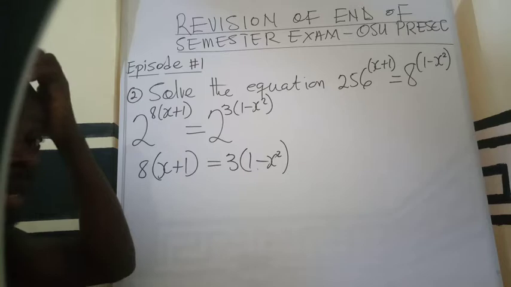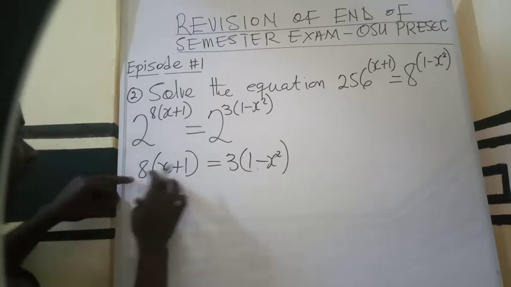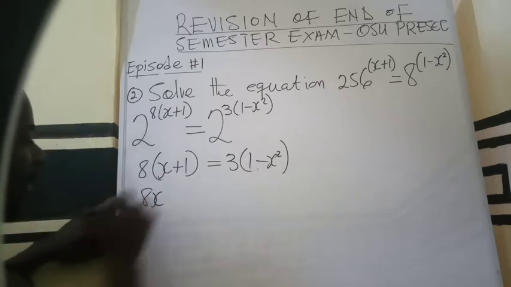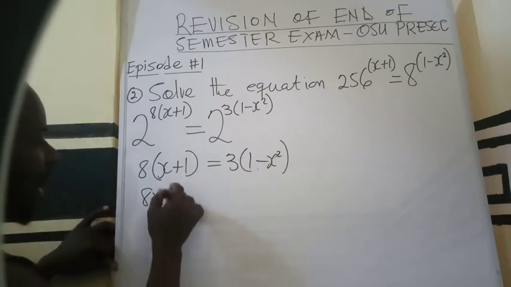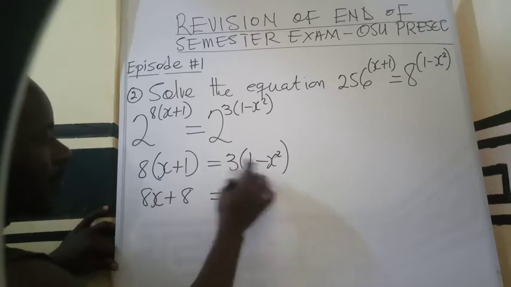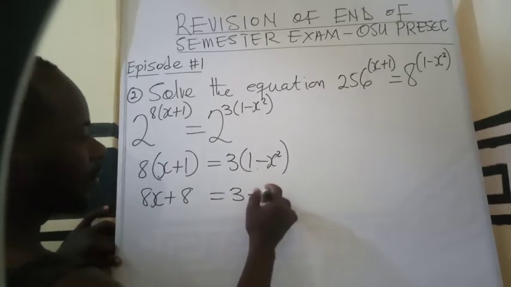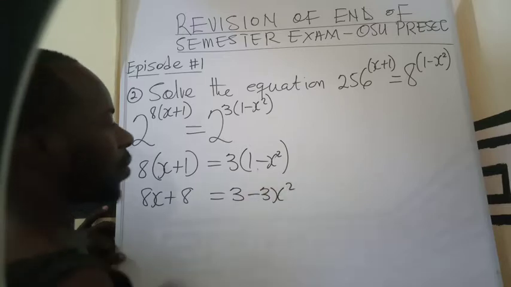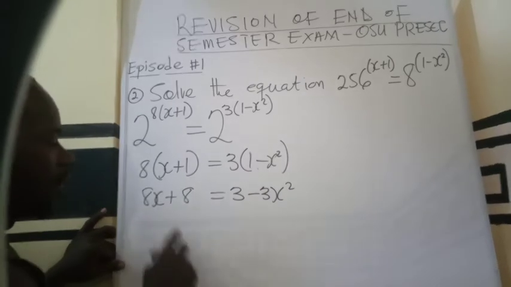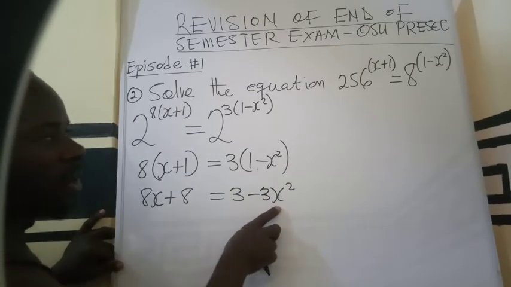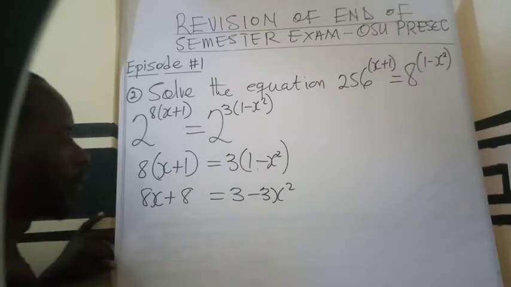We need to expand the bracket. So 8 times this will give us 8x, then we have plus 8 equals to 3 times this, which will be 3 minus 3x squared. Alright, so we are seeing that we are having x to the power of a degree of 2, and a degree of 1.